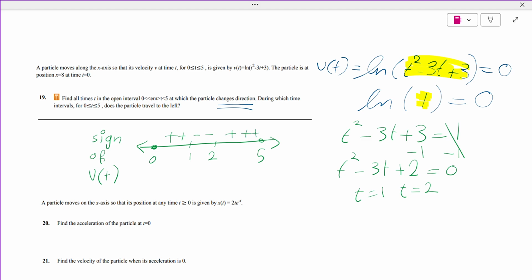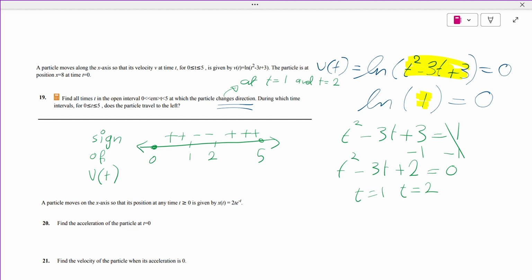Positive. So it changes direction at 1 and at 2 because it goes from positive to negative and then from negative to positive. So it changes direction at t equals 1 and t equals 2.